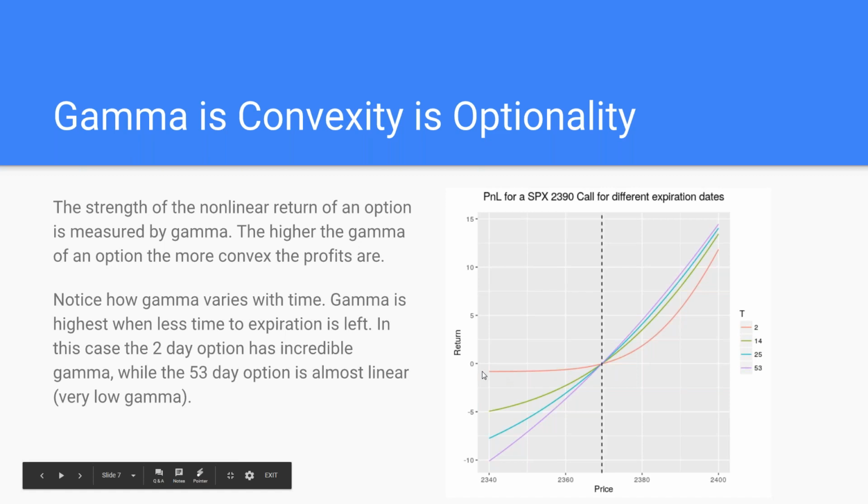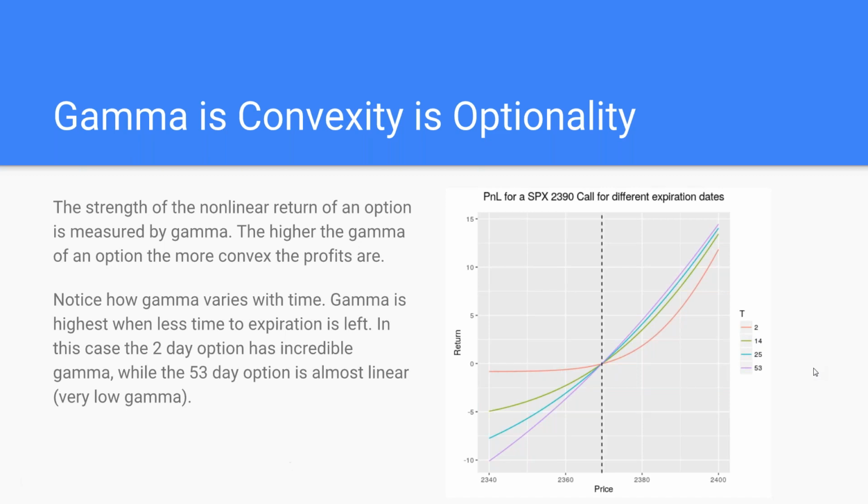Gamma is more prevalent in options that expire really soon. So you have lots of gamma on those options. And as you start to move away, picking options with farther and farther away expirations, you get less and less gamma on them. That's what the chart is telling you.